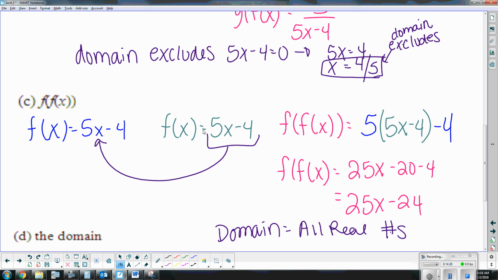So the output of the first function, f of x, is the input for the second function, f of x. So the function f composed with f equals positive 25x minus 24. So there are no restrictions in order for this function to become a real number. So the domain here is all real numbers.